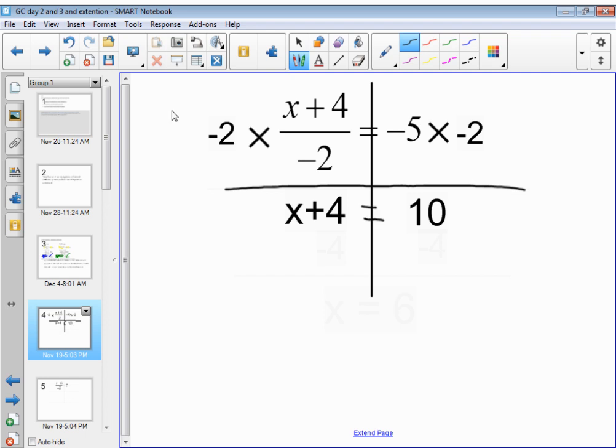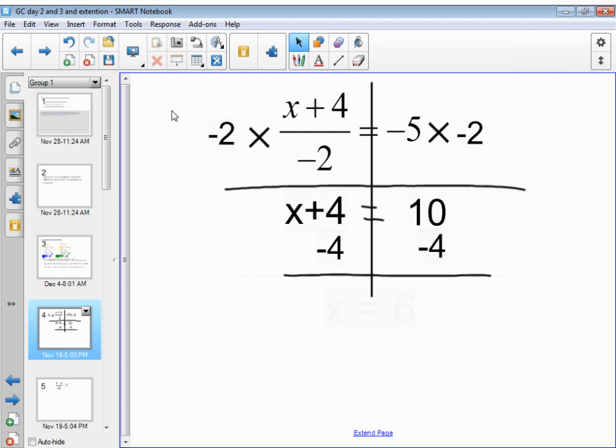From here, we can use inverse operations to solve this one-step equation. If I'm adding 4, the inverse is subtracting 4 from both sides. My final answer becomes x is equal to positive 6. Make sure you go back and substitute your answer back into your original equation.